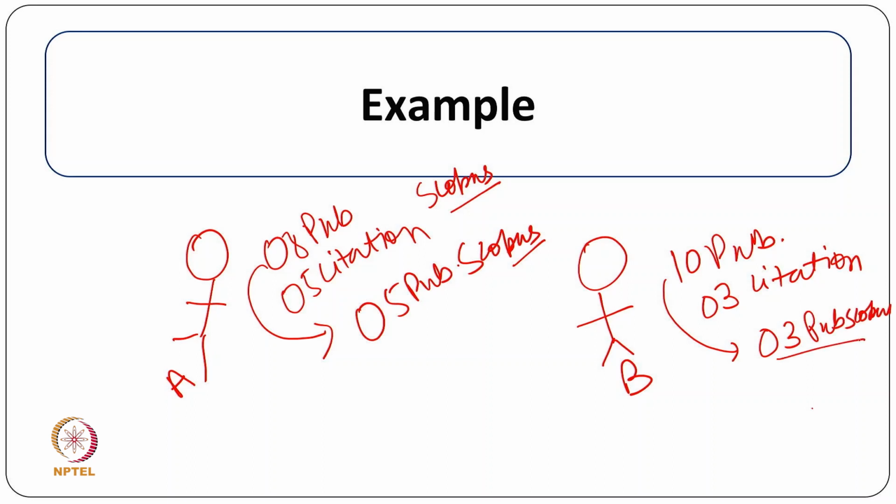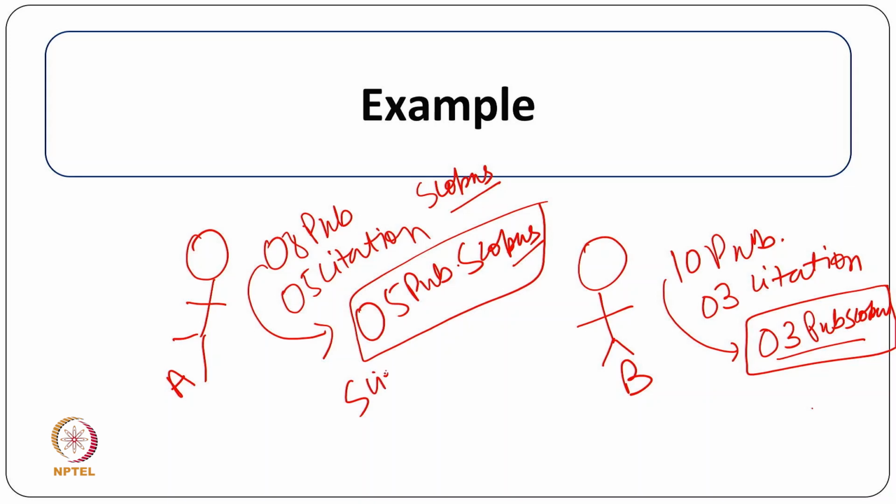If we look only at this scenario, forgetting the earlier case, then through Scopus we will say that scientist A is more productive than scientist B, and that scientist A is the winner.